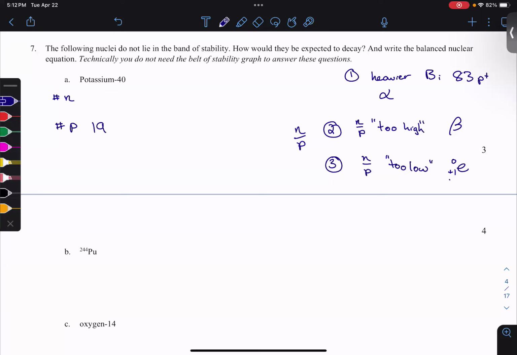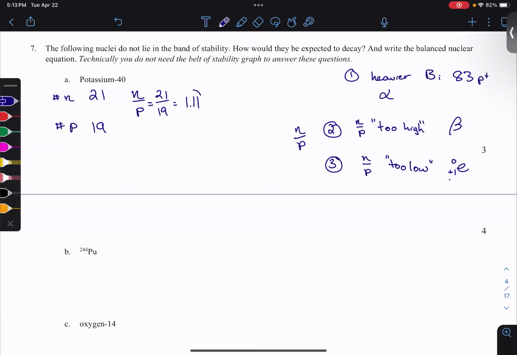And then how many neutrons? 21. So its neutron to proton ratio is 21 over 19, which is equal to 1.11.